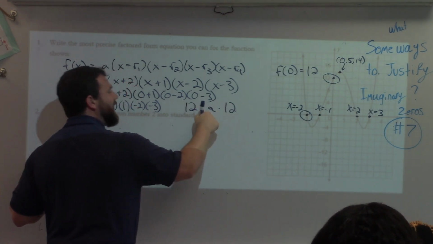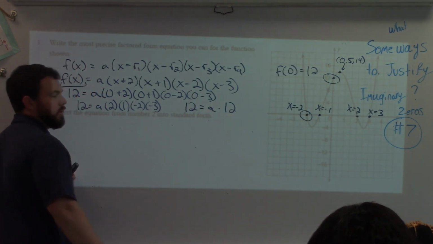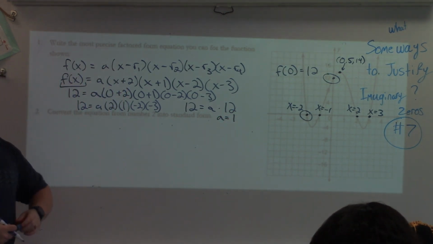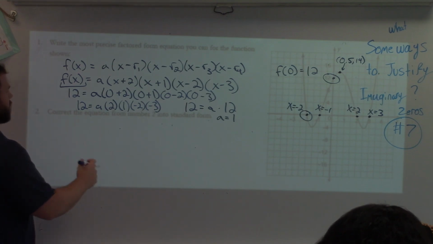But what does A have to be to make this equation true? A has to be... Notice I could divide both sides of the equation by 12, right? 12 divided by 12 is 1, but also A is quite literally equal to 1. That's what makes that equation true.